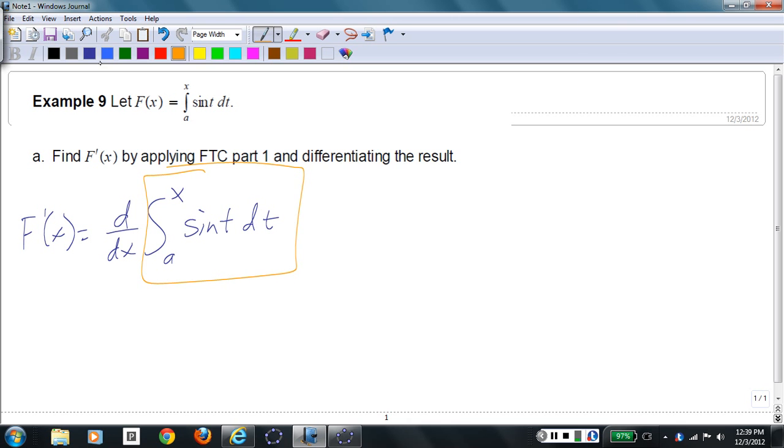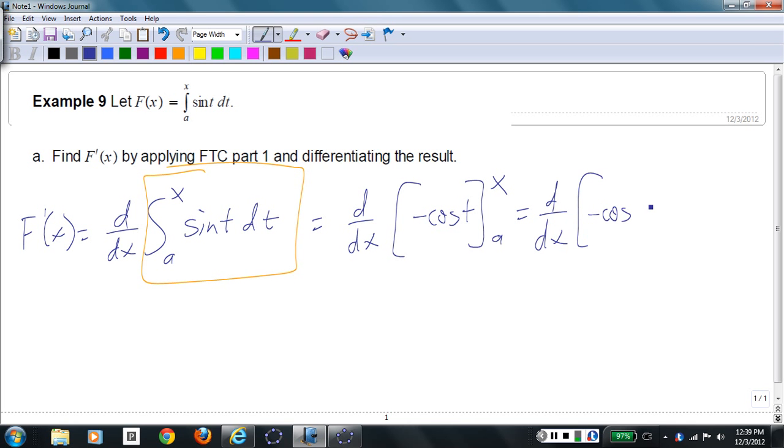So this is going to be d dx of negative cosine t, evaluating this at the endpoints from a to x. And recall how we do this. We take the x and substitute it in. We take the a and substitute it in. And then we subtract. So this is going to be d dx of negative cosine x minus negative cosine a.